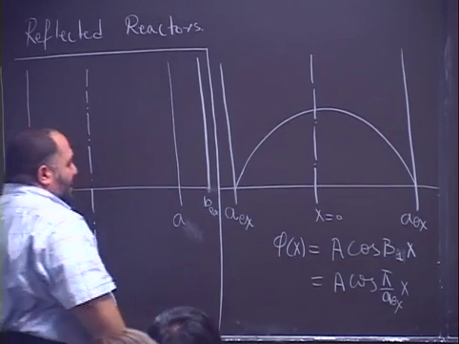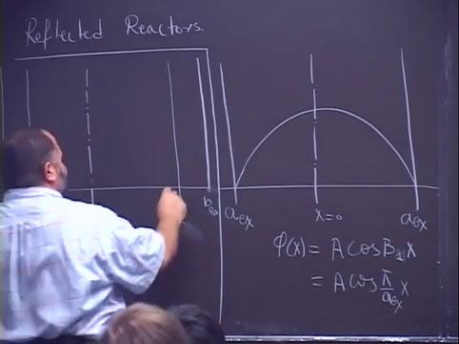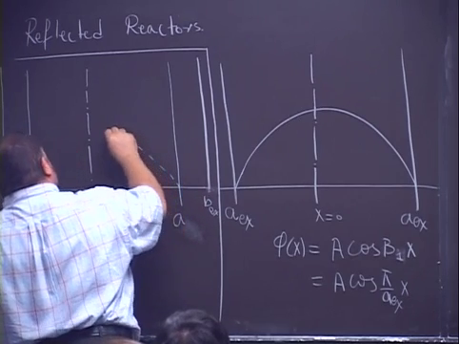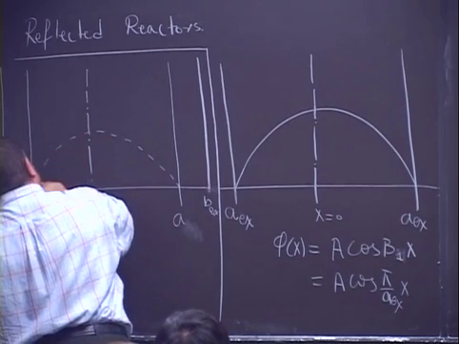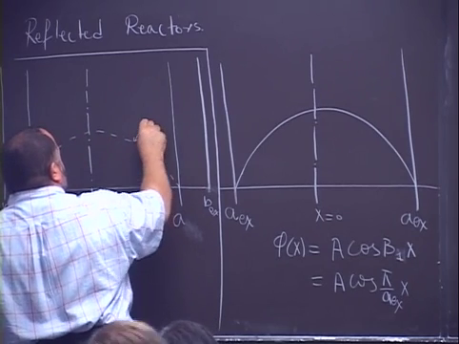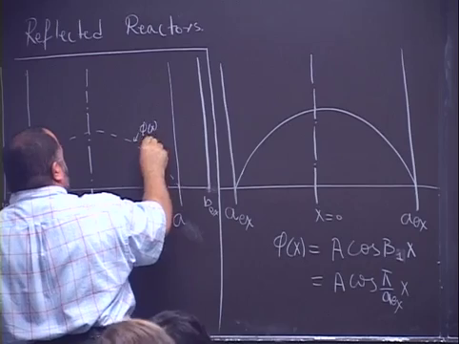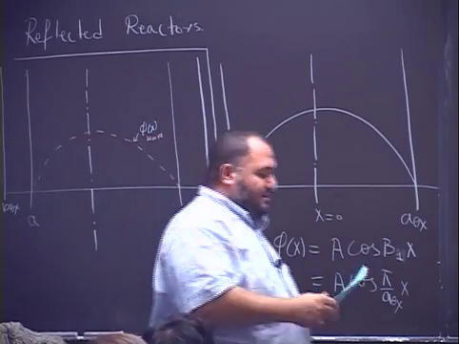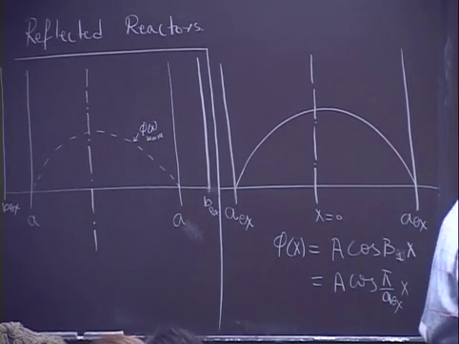So let's put the solution for the bare reactor. This is phi of x for a bare reactor. What about the reflected reactor?